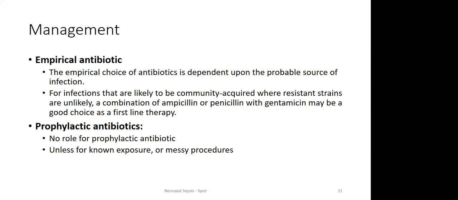So empirical antibiotics, mainly we use those that cover community acquired infection. Because you have to understand, early onset sepsis is actually community acquired, just like late onset sepsis, because they get the infection from the mother. We cover these 2 populations with ampicillin, the penicillin group, and also a narrow spectrum antibiotic that can cover gram negatives, usually an aminoglycoside, gentamicin.